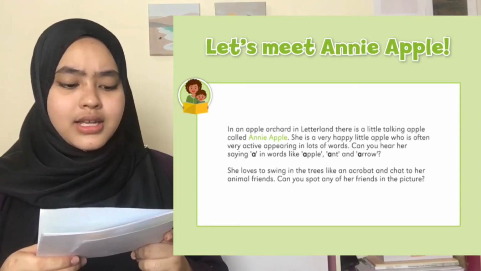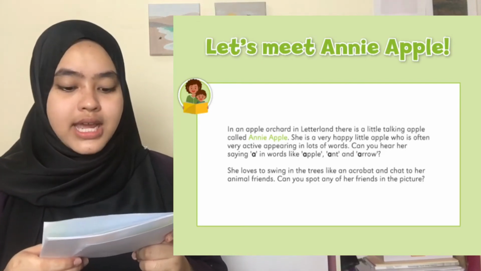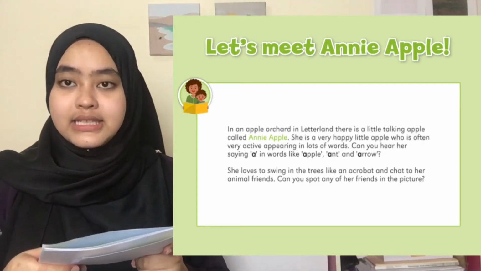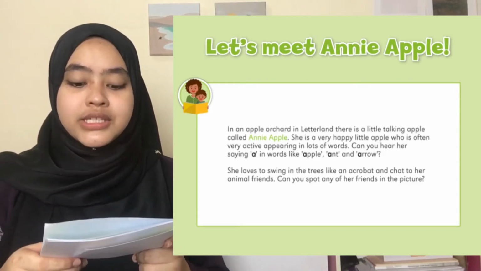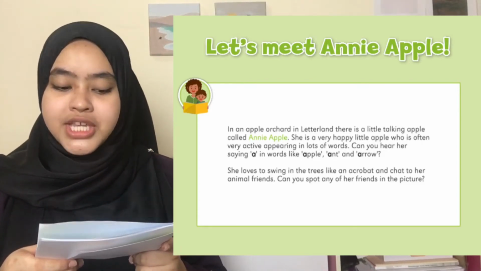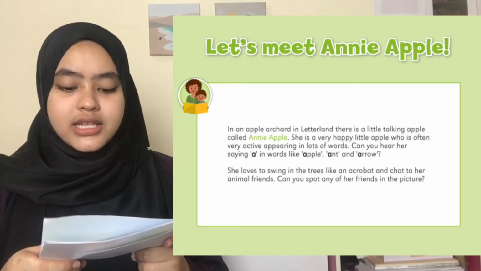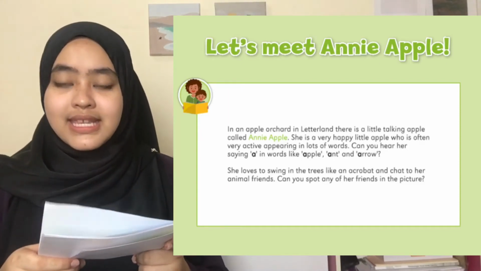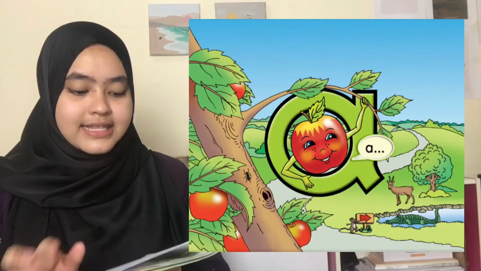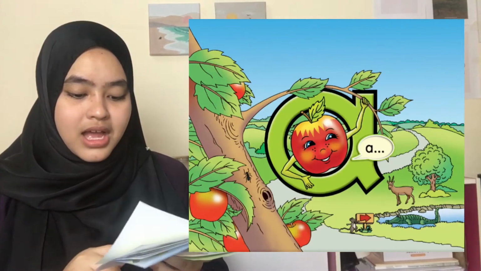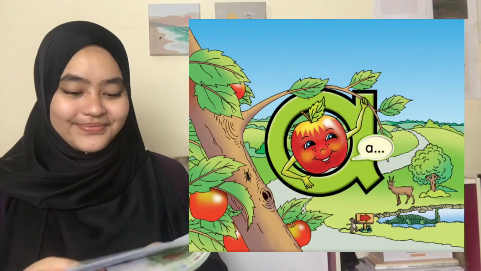Can you hear her saying "ah" in words like apple, ant, and error? She loves to swing in the trees like an acrobat and chat to her animal friends. Can you spot any of her friends in the picture? See? There is the ant, the mouse, the crocodile, right?